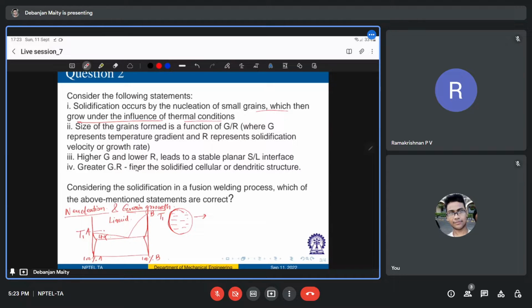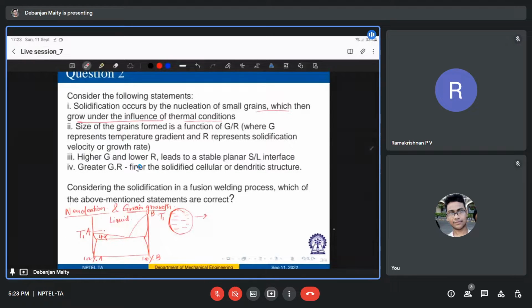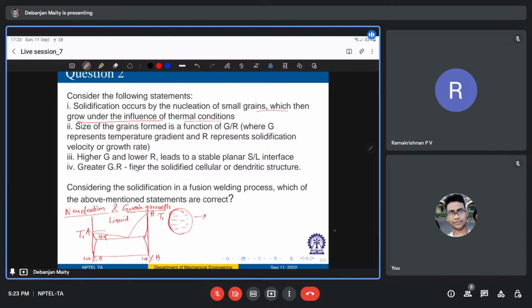Then what happens? Basically, nucleation involves the formation of small stable particles of new phases from the liquid. Whenever you cool it, say at temperature T2, the undercooling is T1 minus T2.